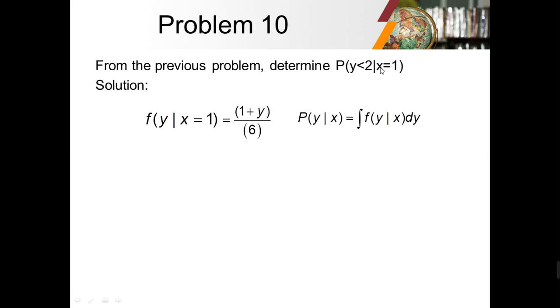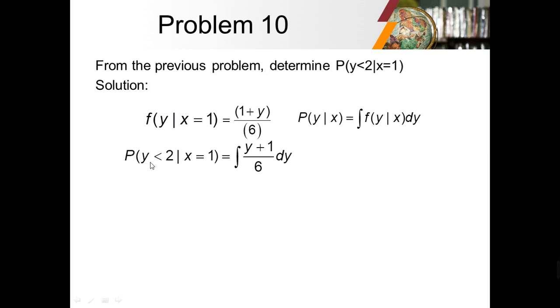Tapos ang upper limit natin ng y is x plus 2. So, 1 plus 2, 3. Okay? So, ang pwedeng maging value ng y ay 1 hanggang 3 lamang. Kasi given nga na ang x ay equal sa 1. Nakuha nyo ba ako?